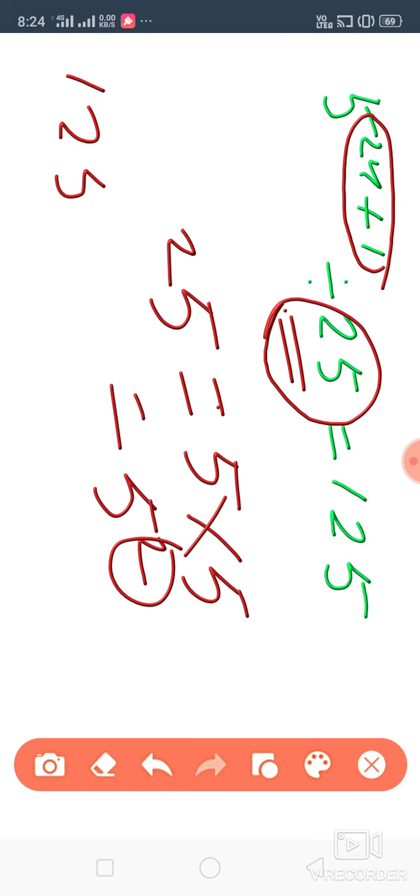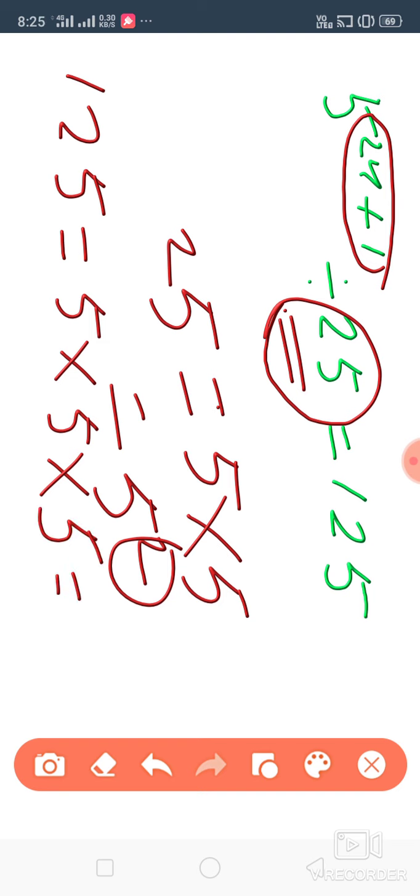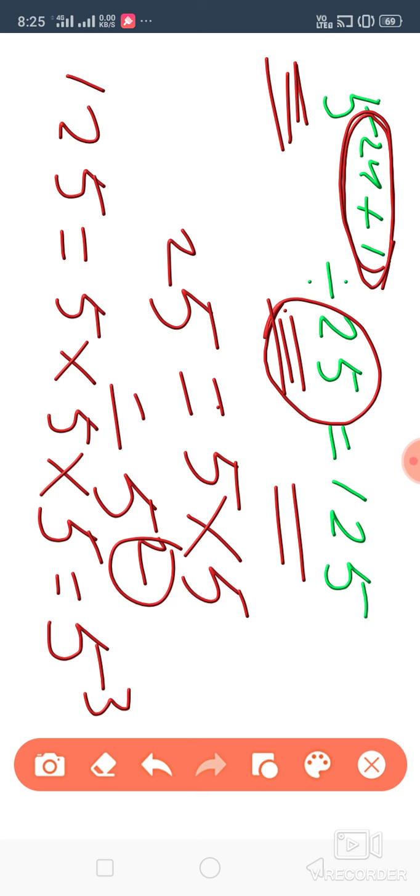Similarly 125 can be written as 5 into 5 into 5, so in exponent form 5 to the power 3. Why are we changing? Because in the exponent we have got 2x, so all the numbers we have to write in exponent form.